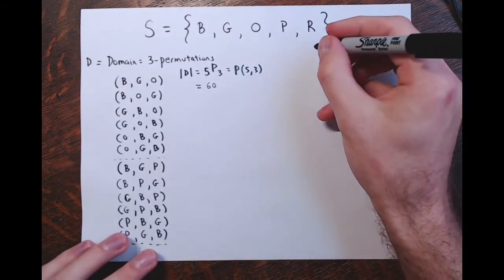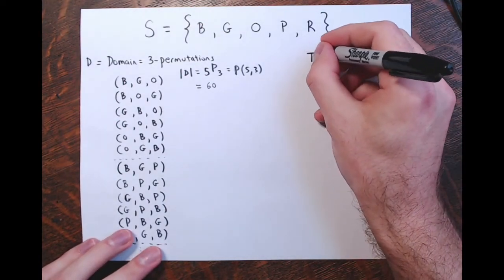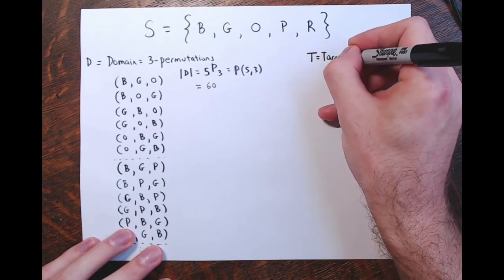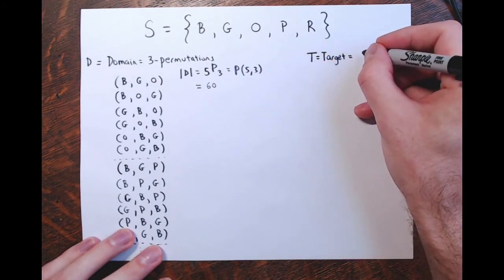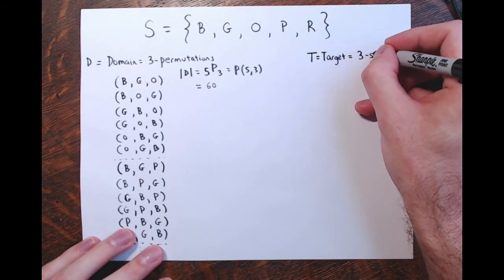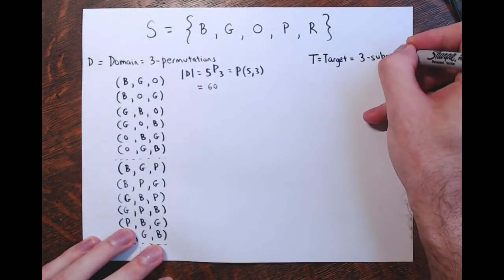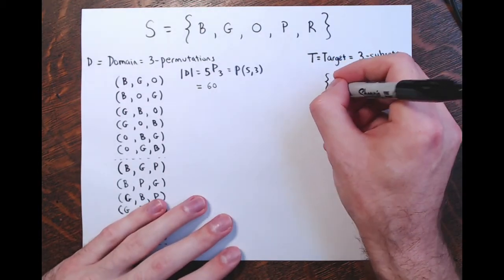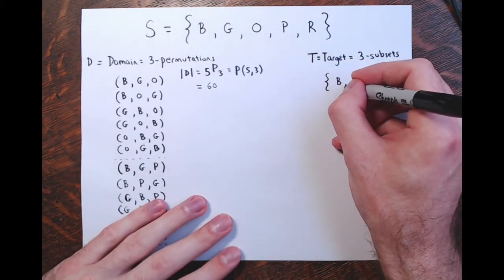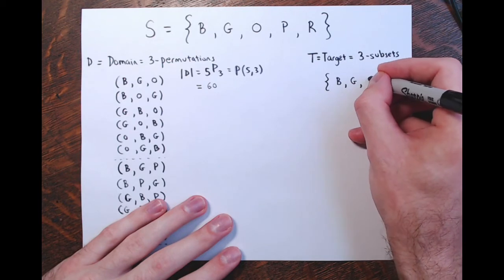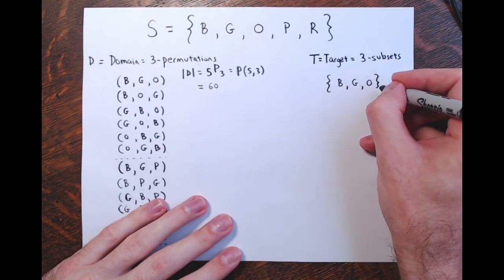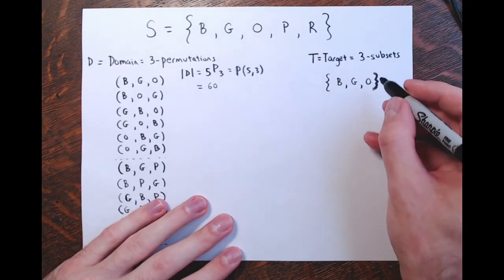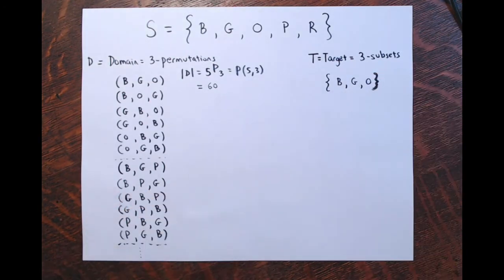Now, for the target set with all the outputs, I'm going to have the target set be the 3 subsets, or the 3 combinations. So there are little braces here. I could have B, G, O. And again, it doesn't matter how I rearrange these 3, as long as there's B, G, and O in it, it's this subset.